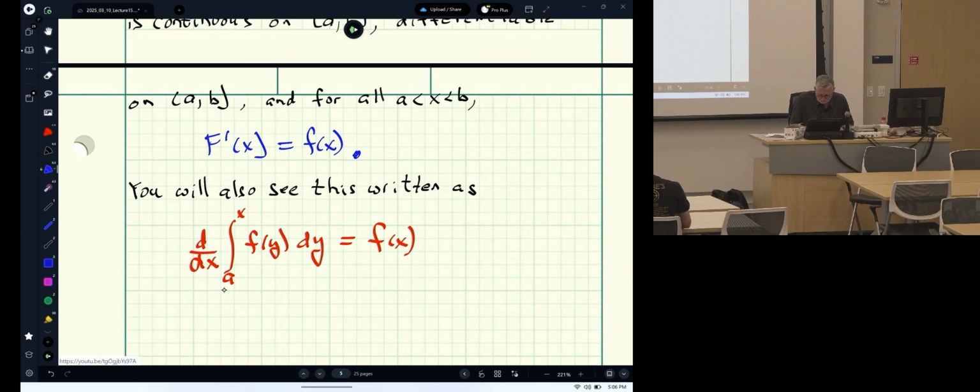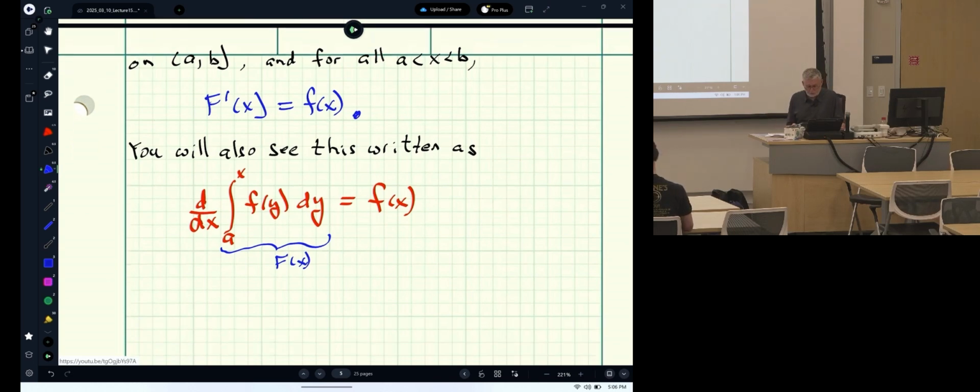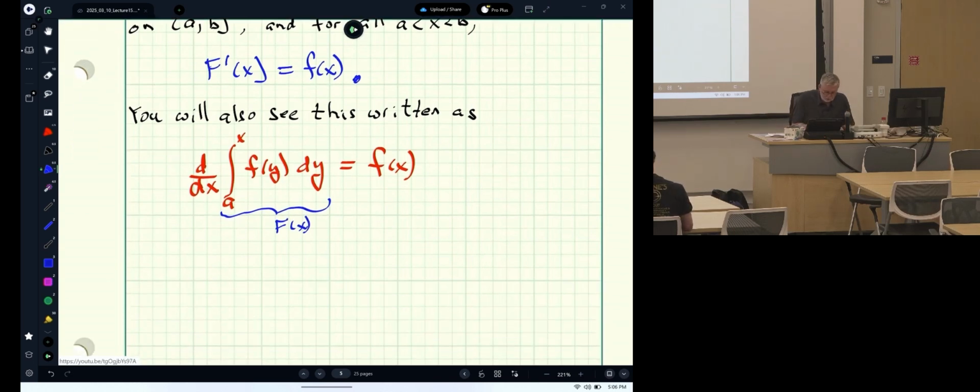So this is the antiderivative. F prime of x is equal to f of x, to underline that differentiation is the inverse of integration.